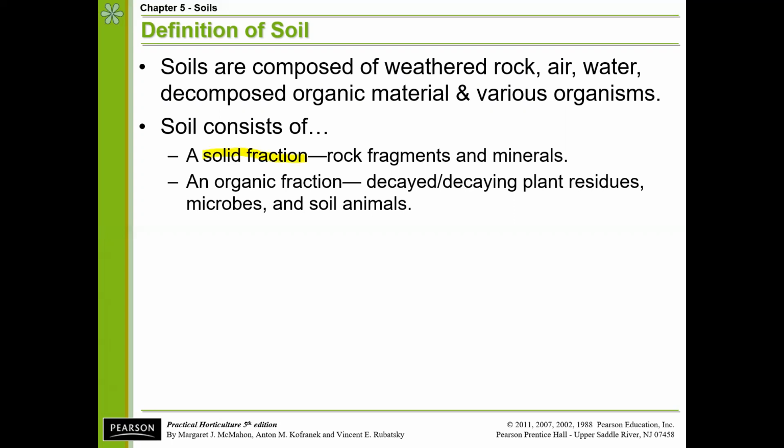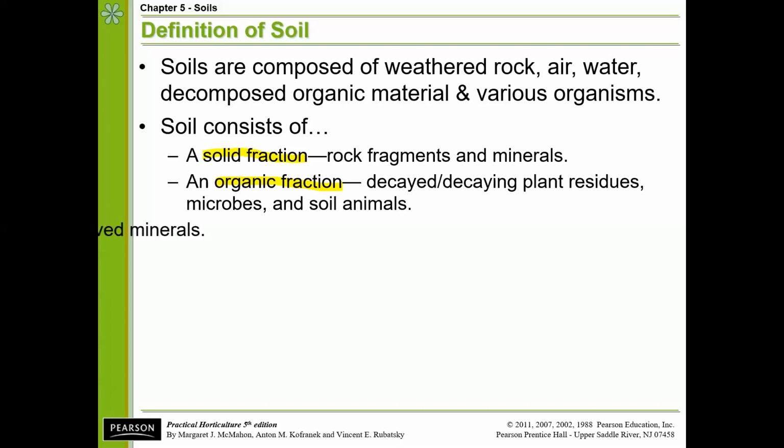Then we have a much slimmer organic fraction, which is all of the decayed and dying plant parts, as well as animal parts too. Your bones, manure, whatever returns back to the soil, becomes part of that organic fraction. So that's like half of soil right there, the solid part that is basically rock and organic matter.